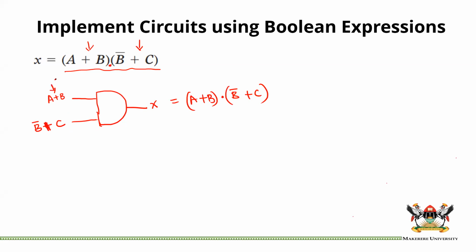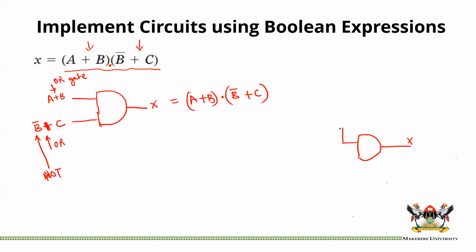Here we need an OR gate, and here we need an OR gate as well. But even before we reach that, we need a NOT gate here. So that means that we already have our AND gate at the output, which is X.